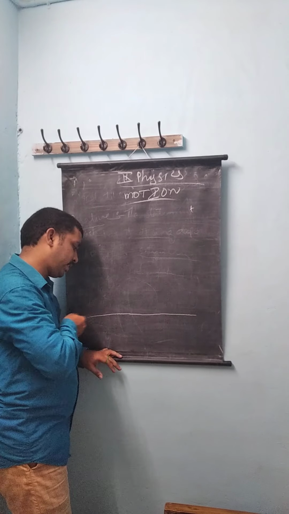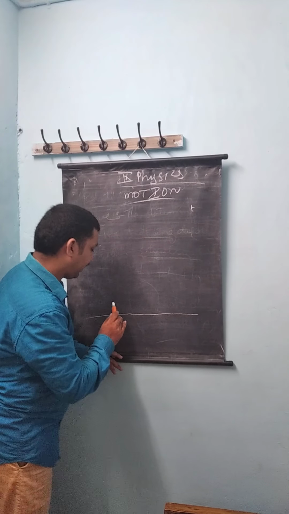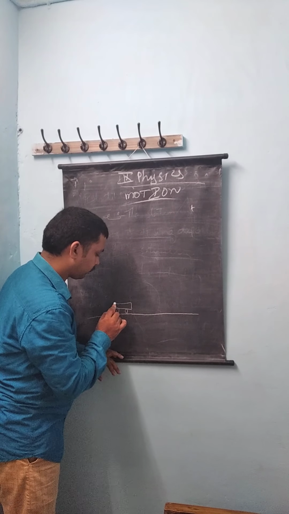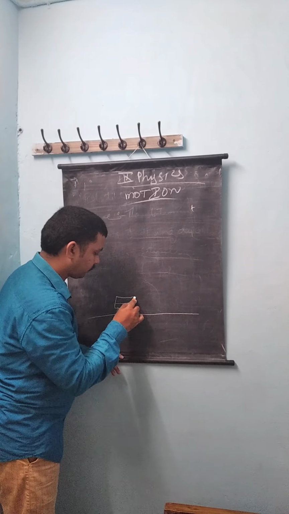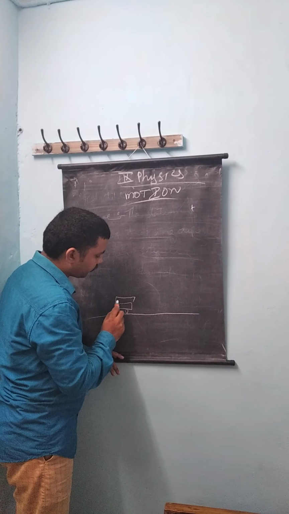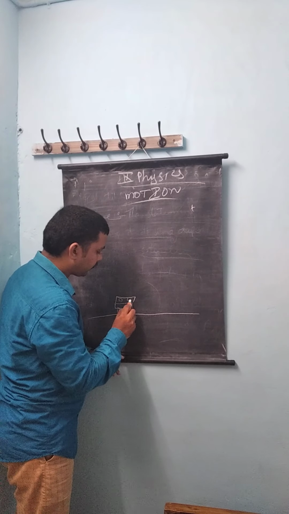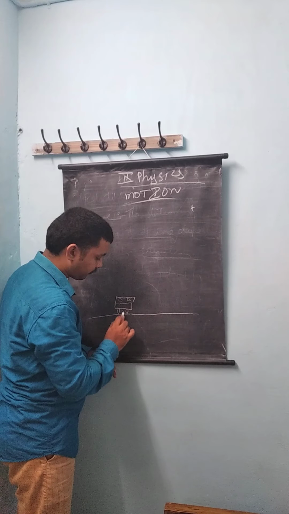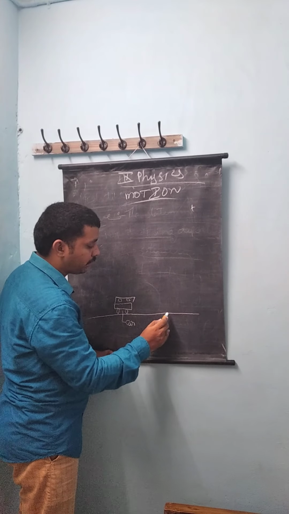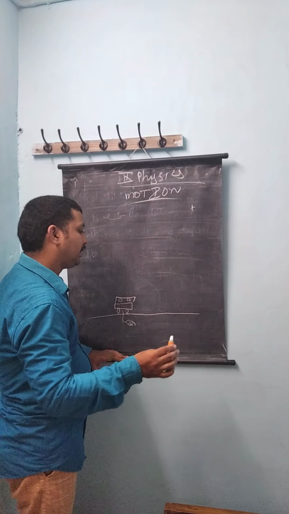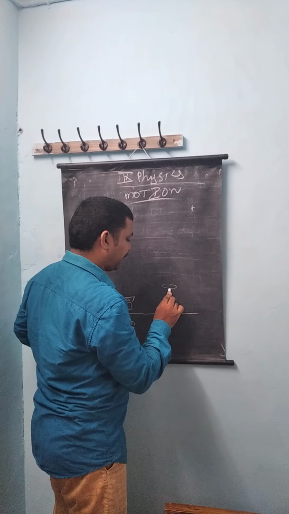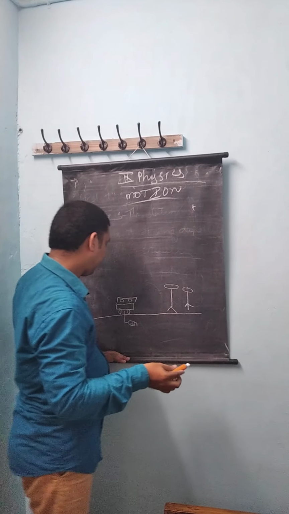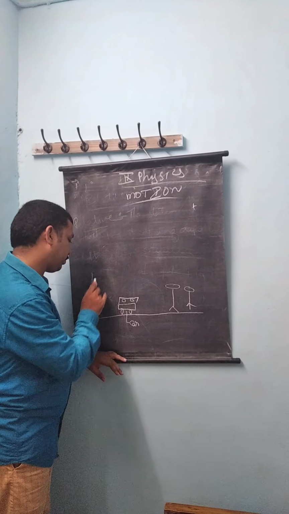Let us assume a situation where there might be a car which has been moving with passengers on the road, and there might be two persons standing at a particular position of the road, and there might be one tree also.